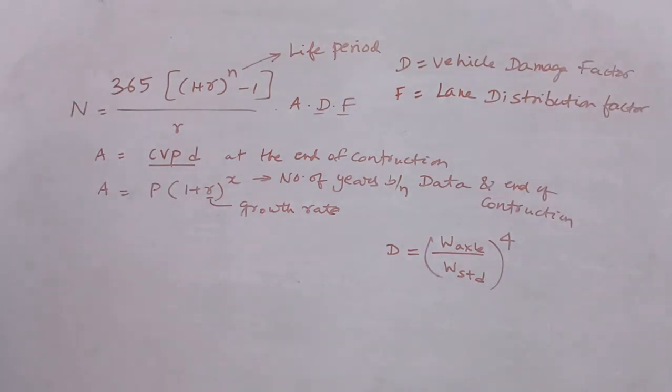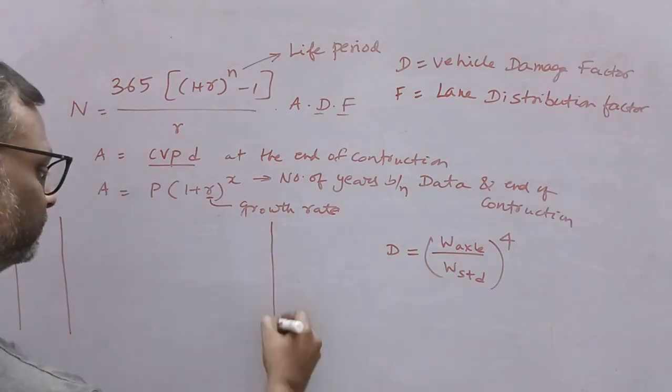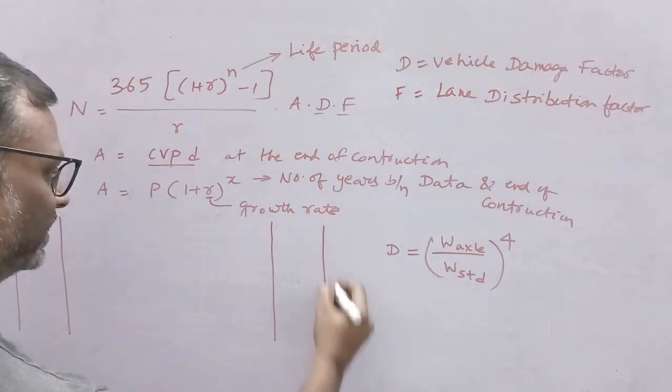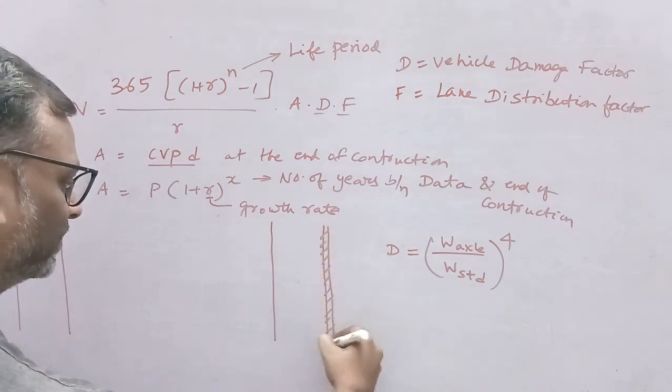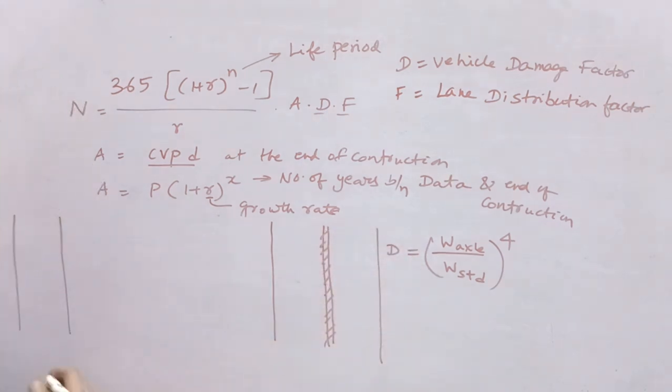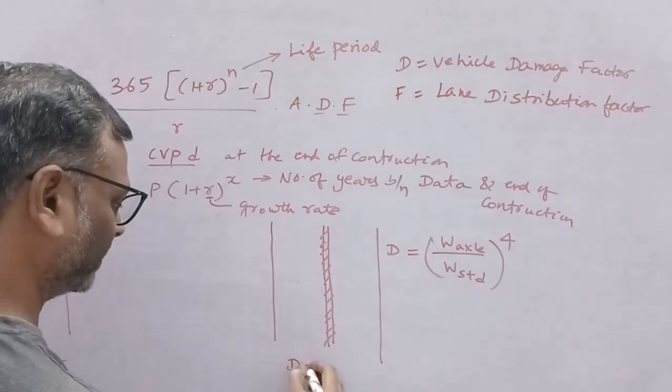So we have two types of carriageways. Single carriageway, which is undivided in between, right? We have dual carriageway, so there is some barrier in between. So single carriageway, and this is double carriageway.